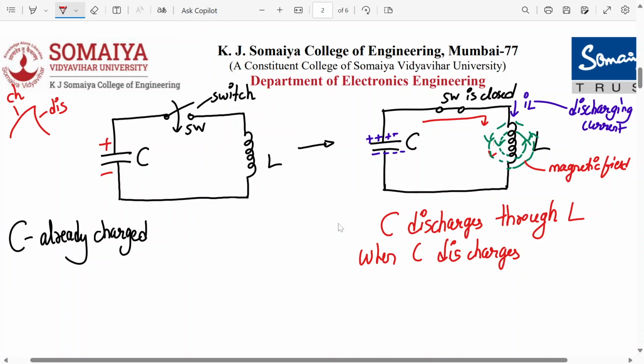So when the capacitor discharges fully, what will happen now?